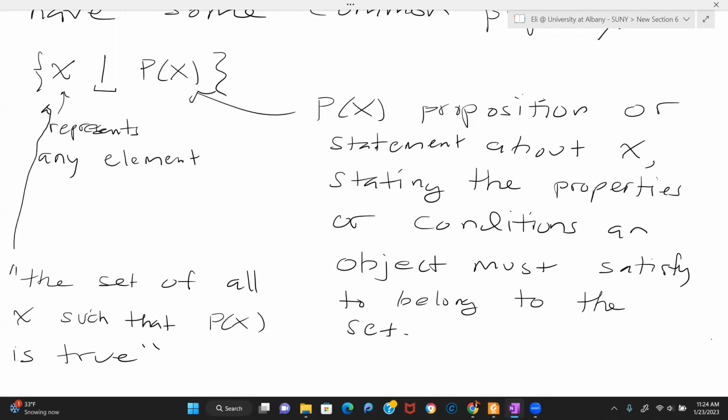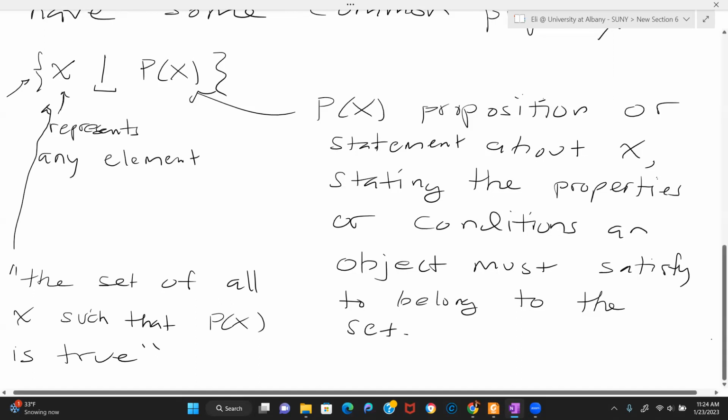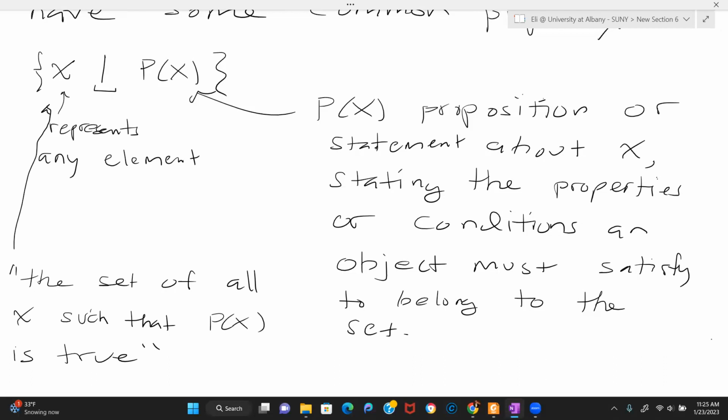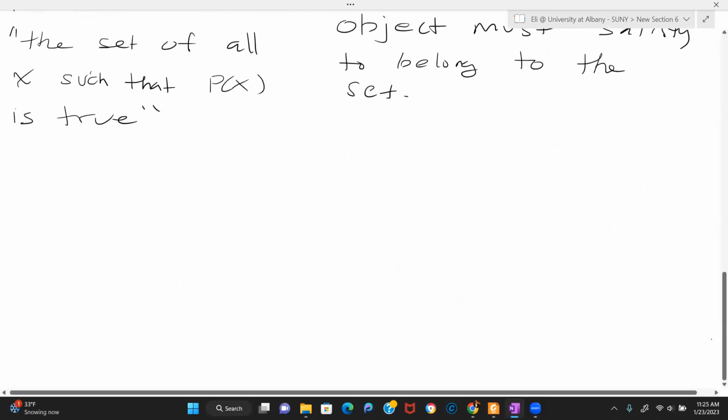So it's the set of all X such that P of X is true. And this set will consist of all and only those X that make the statement true.